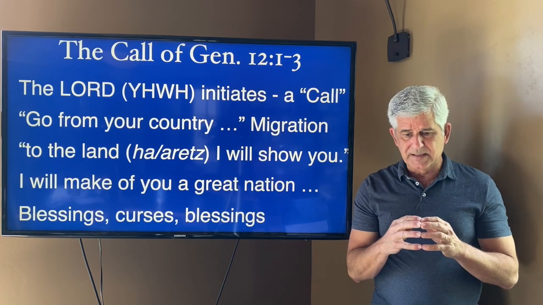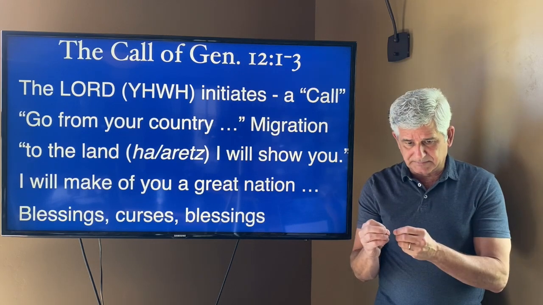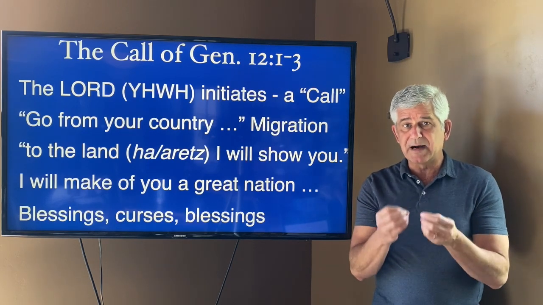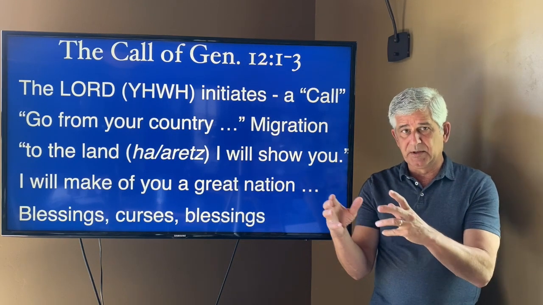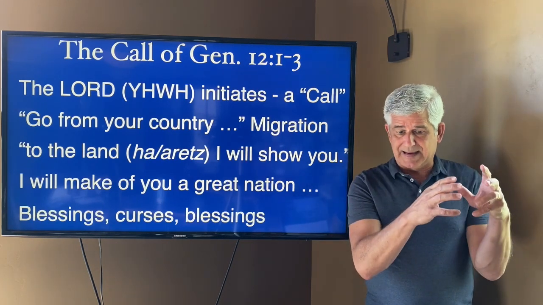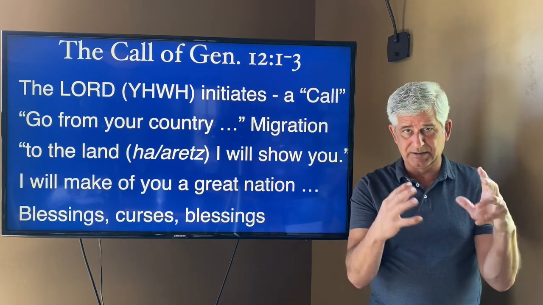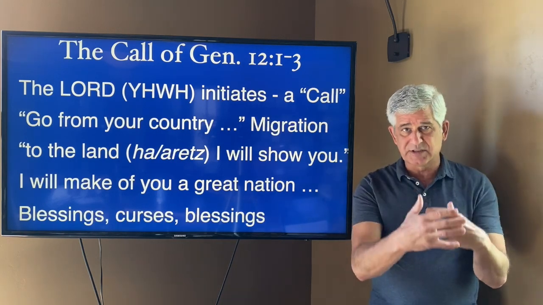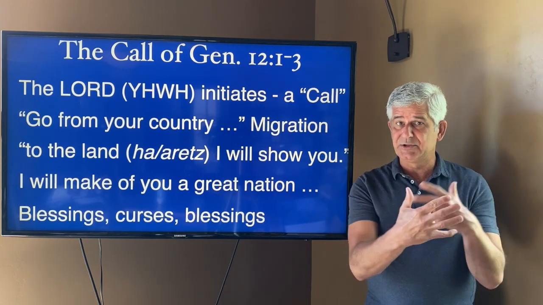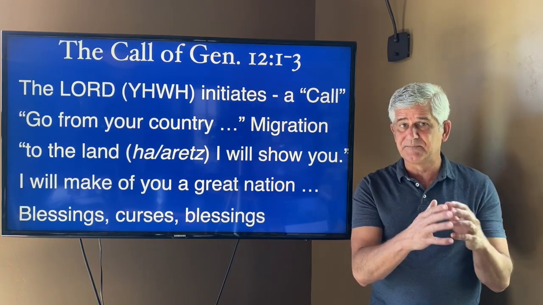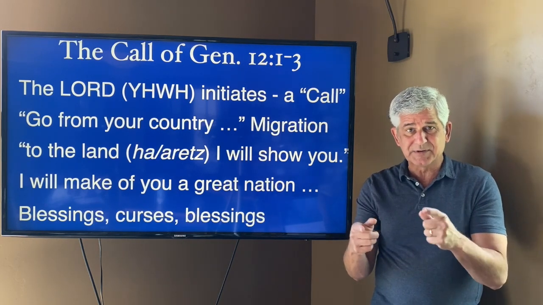And in some respects, that's why I want to use the word migration. I'm going to be using migration throughout this month to identify someone who takes up residence outside of their kinship network, outside of where they have protections and security and familiarity that kinship networks provide. We'll look at various forms of migration, but that's what's happening here.